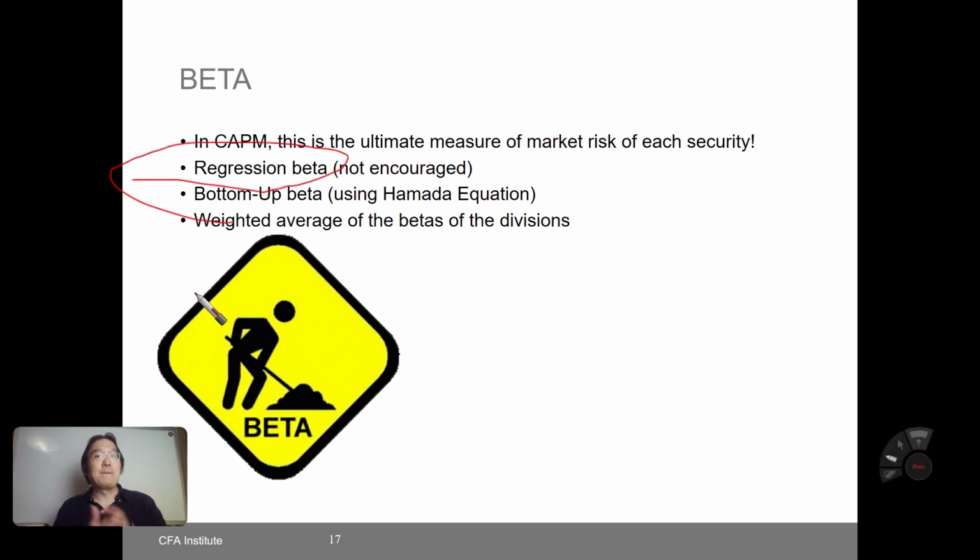And then the following week, perhaps, we are going to talk about something called bottom-up beta, which is an alternative approach. First of all, regression beta is about the history. This is what happened in the past, in the past situation, past environment.